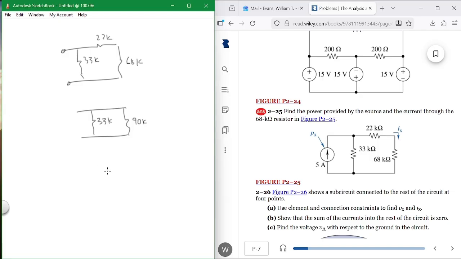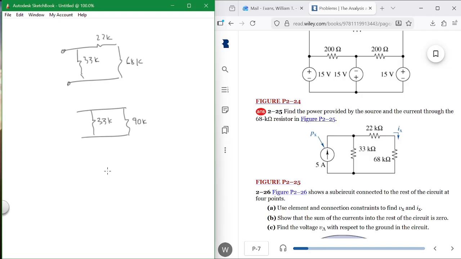Which do you use, the 1 over rule, or do you use the R1, R2 over R1 plus R2? I don't care. They both work. I like 1 over because I don't care how you throw me 2, you throw me 3, or whatever, you got it. So it's 1 divided by, parenthesis, 1 divided by 33 plus 1 divided by 90, parenthesis goes.